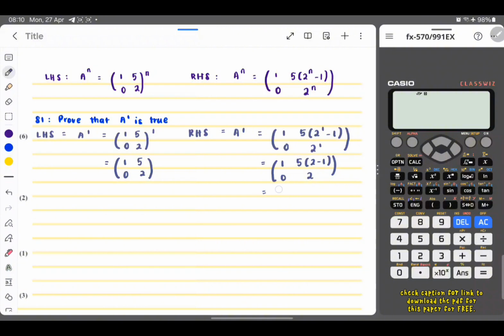This is equal to [1, 0, 5, 2]. There we go. Notice that our left hand side is equal to the right hand side. Therefore, we have proven that A1 is true.